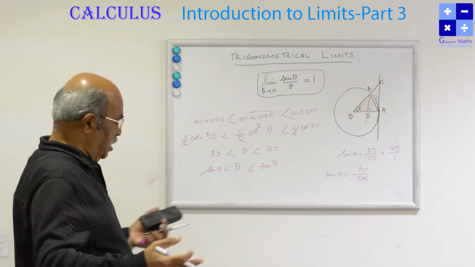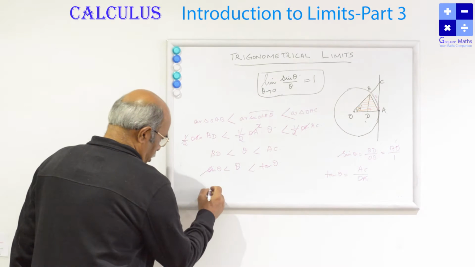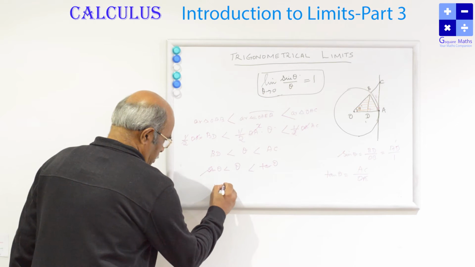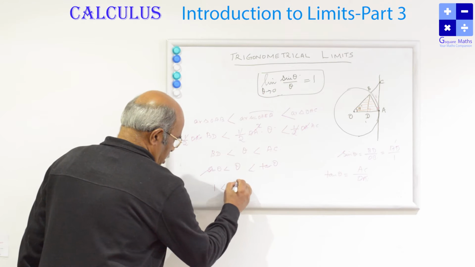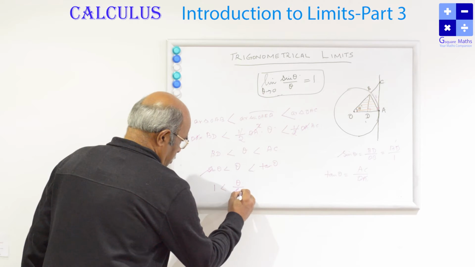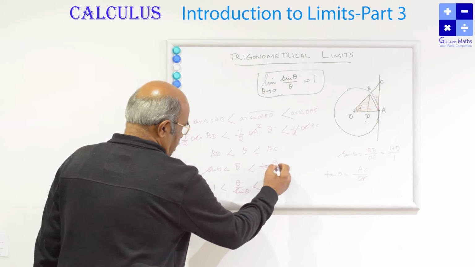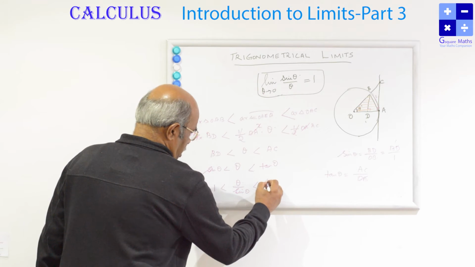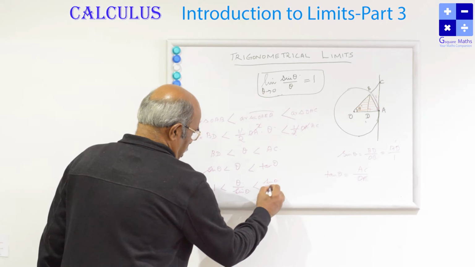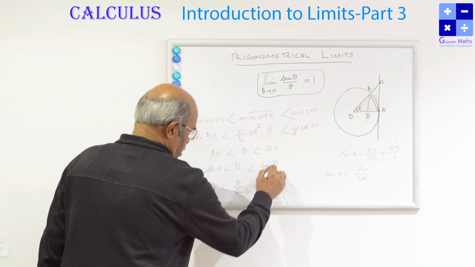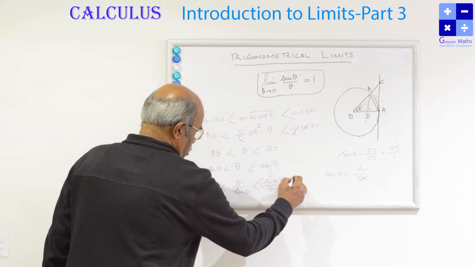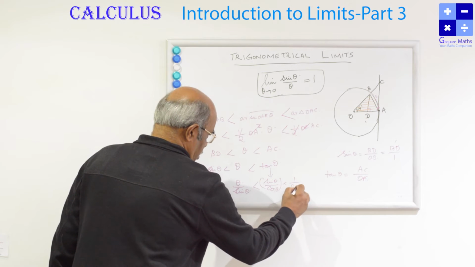Divide throughout by sine theta. Sine theta by sine theta is 1, less than theta by sine theta, less than tan theta, which is sine theta by cos theta, into 1 by sine theta.